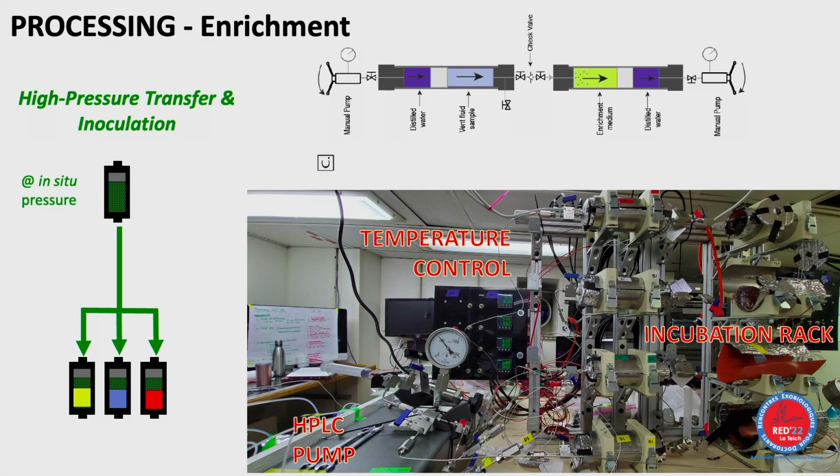You have all the incubation vessels here under pressure, at 500 bars, so the deep sea pressure, maintained at the fluid temperature we recorded during the sampling. Here you have the sampler that was inoculated with the sample and enriched with a specific media.